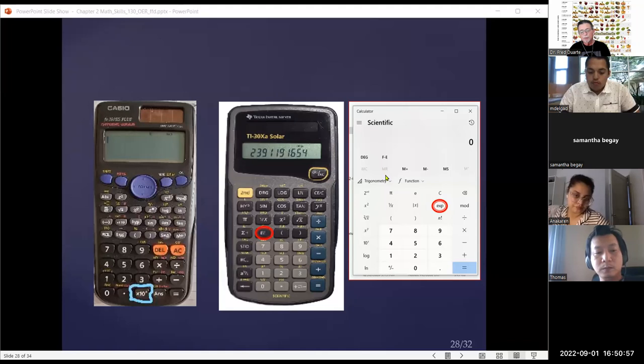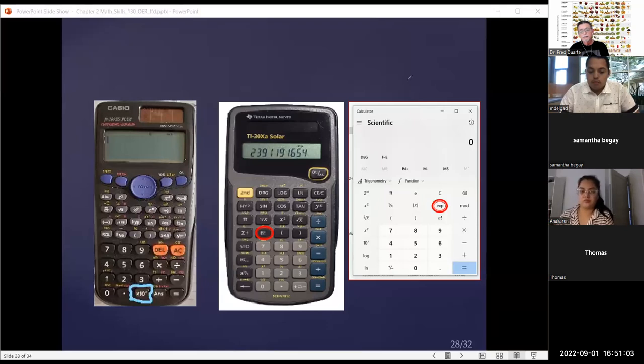The one here, the white one, this is the calculator for Windows. Now, I don't have an Apple, so I don't know about the calculator for Apple. So you might want to check that. So there's a button labeled here, circled in red, called EXP. That button will push you into the scientific notation function.